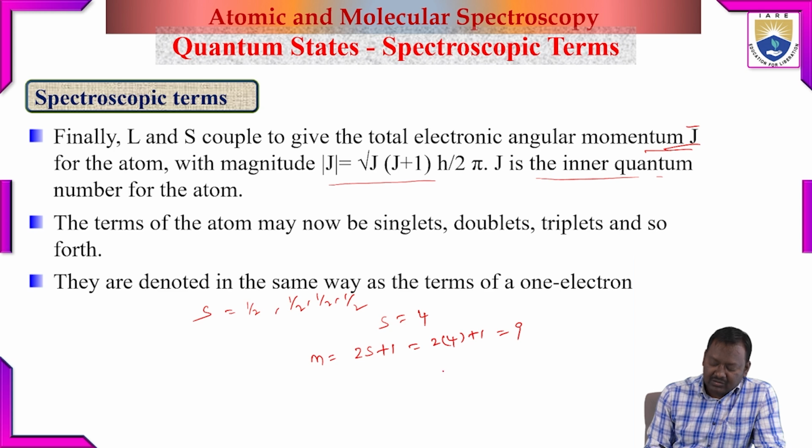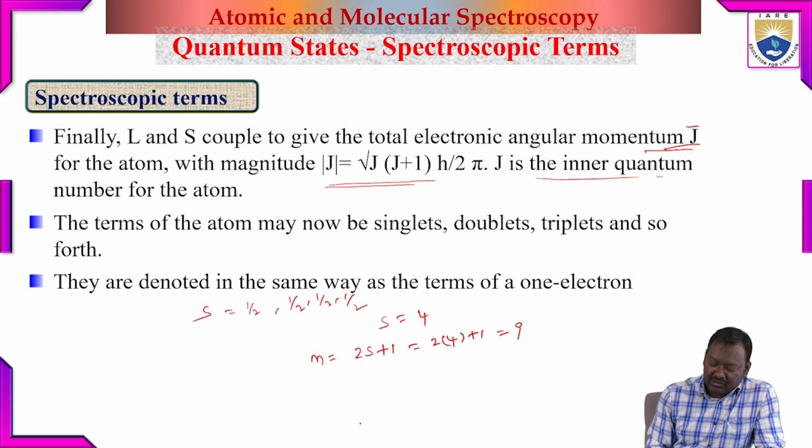Okay. And again we can find individual orbital angular momentum quantum numbers also after adding up all the electrons, and we can find J values also. So we will see how to represent the spectral terms for multiple electron atoms in the next lecture.